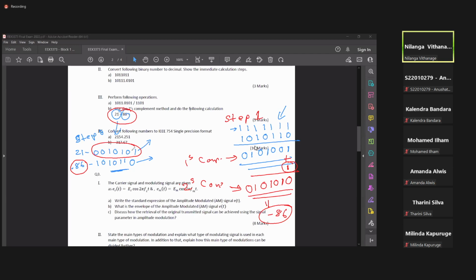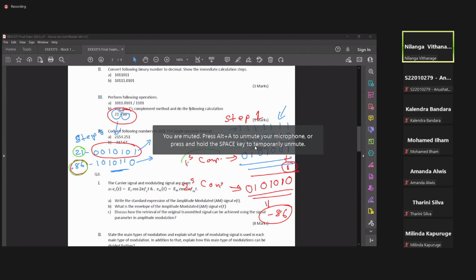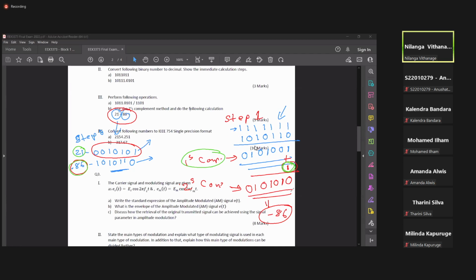Keep in mind that here this is a plus value and there is a minus value. Using the 2's complement method, we calculate a binary value which represents a minus value, right? That is why you first get the 1's complement value, then you add 1, then you get a number like this.